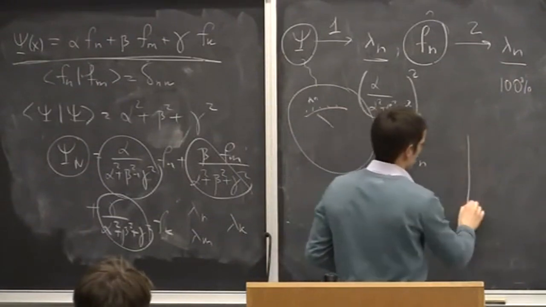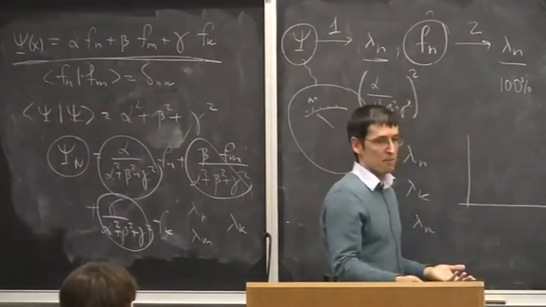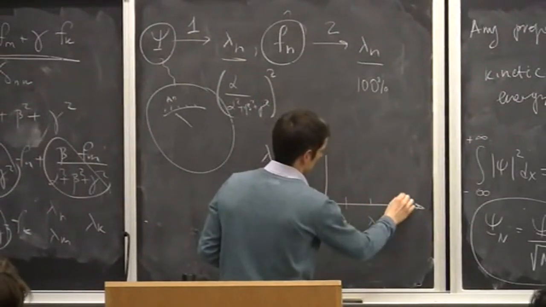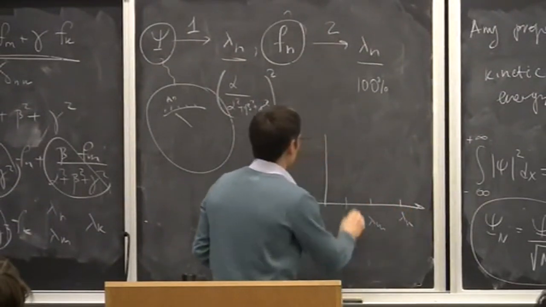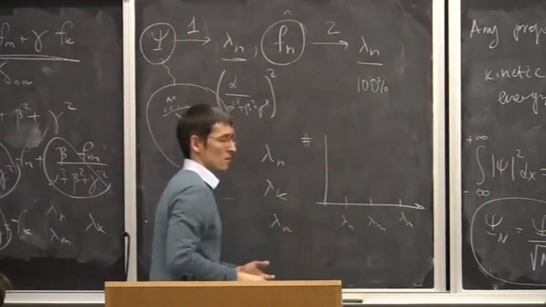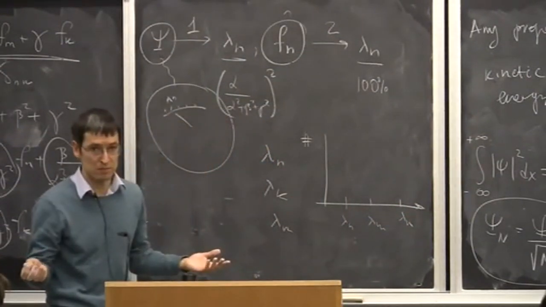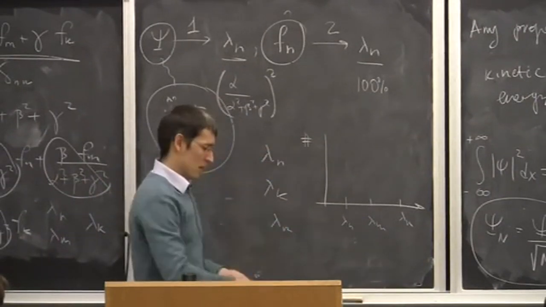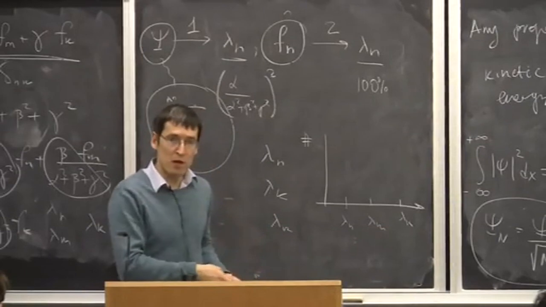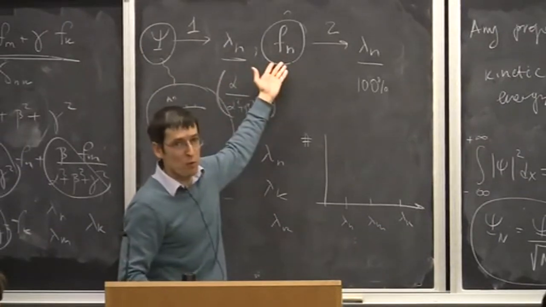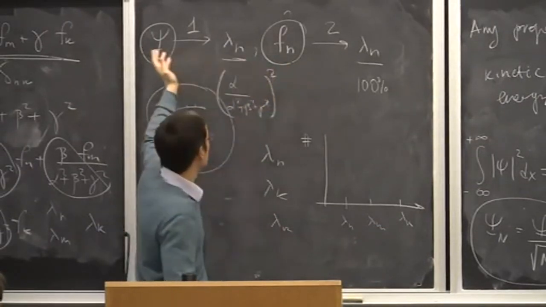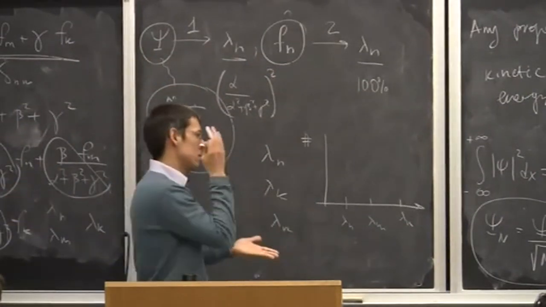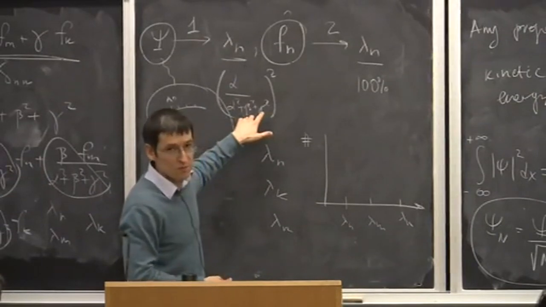And we can make a histogram: lambda n, lambda m, lambda k, and the number of times each is obtained. We create an array of millions of systems, and we start measuring. Of course, every time we measure, we do the collapse. There is no point in measuring it again.